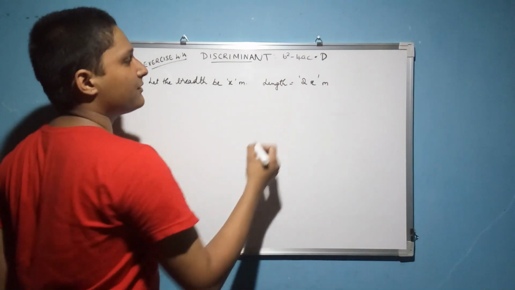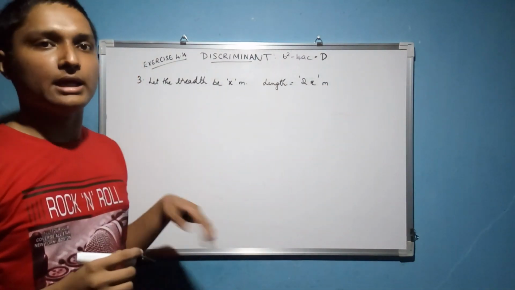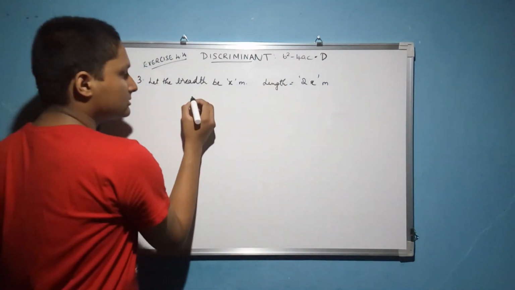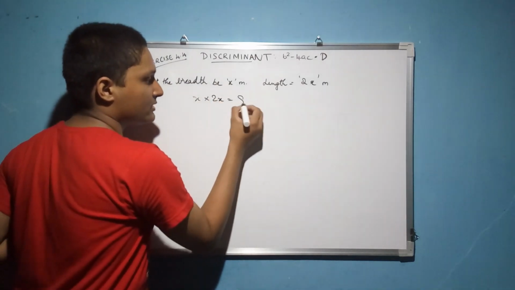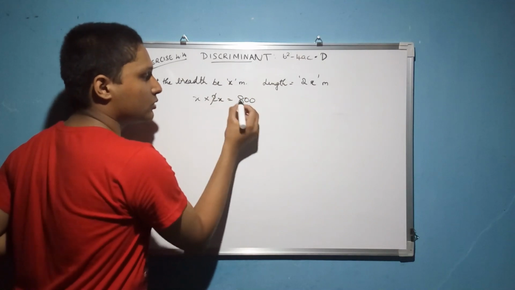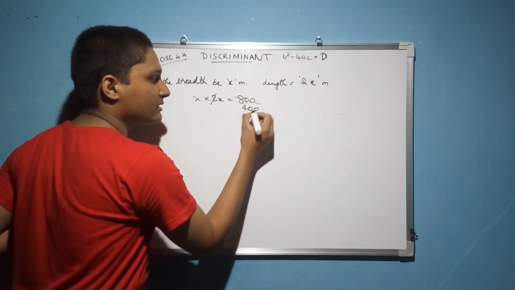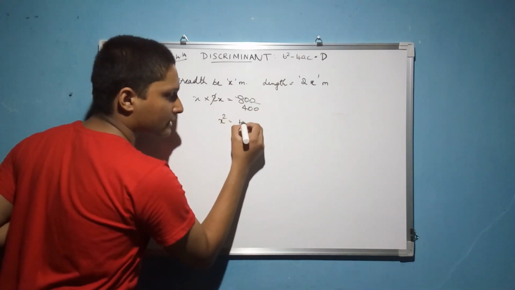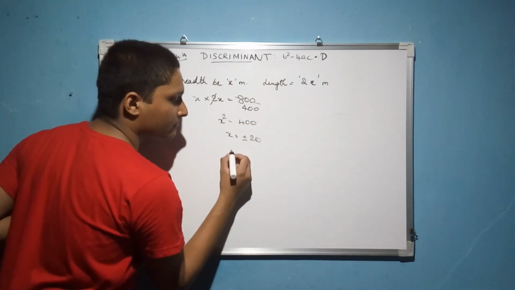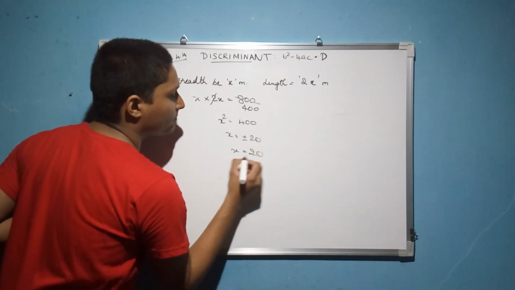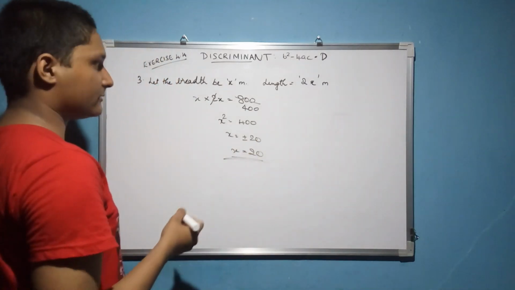It is given that the area has to be 800. Area is x into 2x because it is rectangular, so 2x square is 800, x square is 400. Therefore x is equal to plus or minus 20, or x is 20 only, because length cannot be negative.